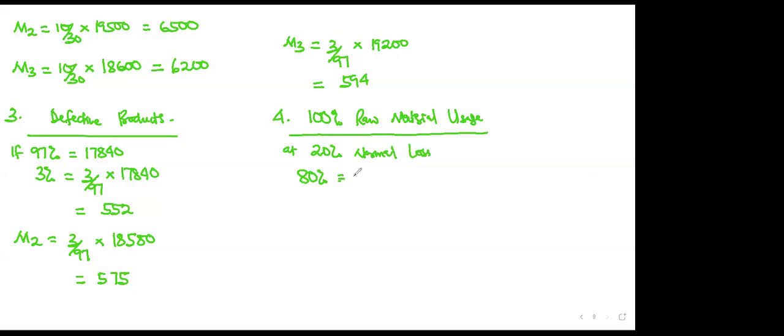So 80% is equivalent to 2 kg. Therefore, 100% will be equivalent to more, so let's divide: 100 over 80 times 2 kg. That will give us 2.5, so that is giving me 2.5 kg. It means that the 100% productivity should be 2.5 kg.